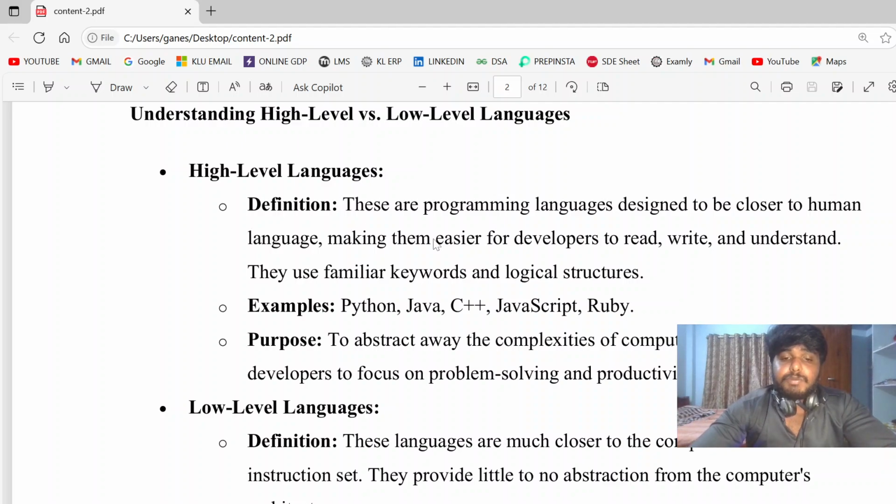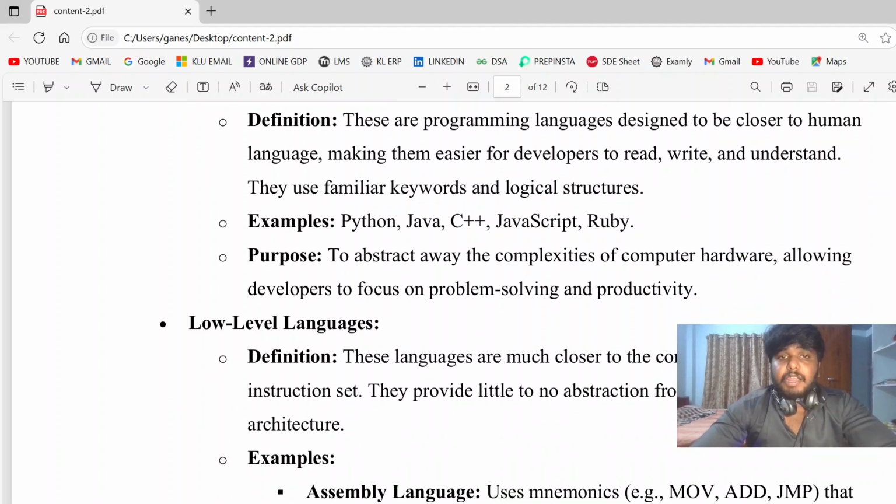High level language means the programming languages we generally learn in our colleges and courses. These languages are mostly human readable, writable, and understandable. The purpose of high level languages is to abstract away the complexities of computer hardware, allowing developers to focus on problem solving and productivity.